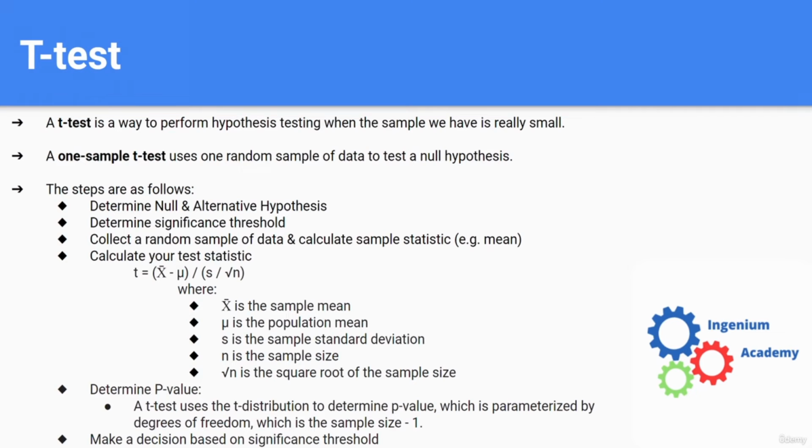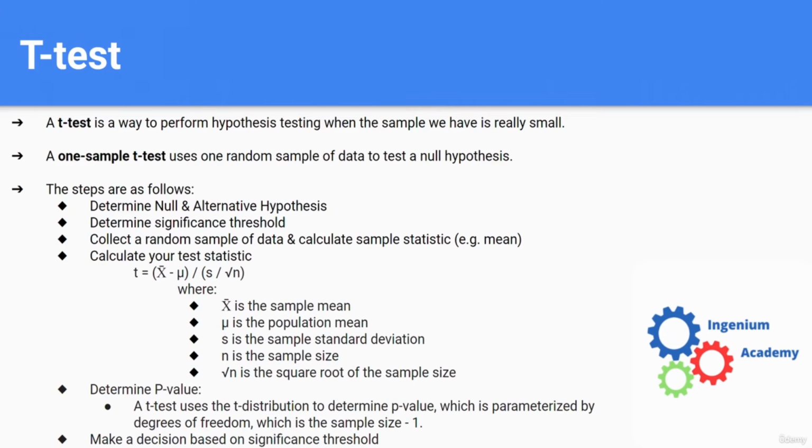If the probability of us getting this statistic or something more extreme is less than 5%, then we're going to say that the null hypothesis is not true, and we're going to reject it. But if our probability of observing the statistic or more extreme value is greater than 5%, let's say it's 10%, then we're not going to reject the null.